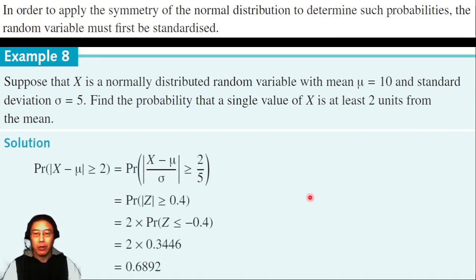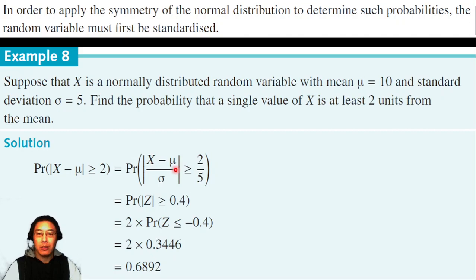So we're going back to the definition of what it is. It is that difference as a modulus, and it has to be greater than or equal to 2. Then we rearrange it and we get 2 over 5, so that difference over the standard deviation.